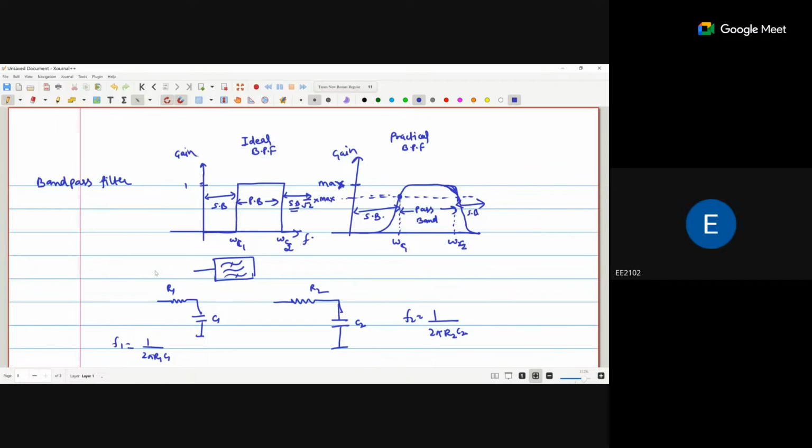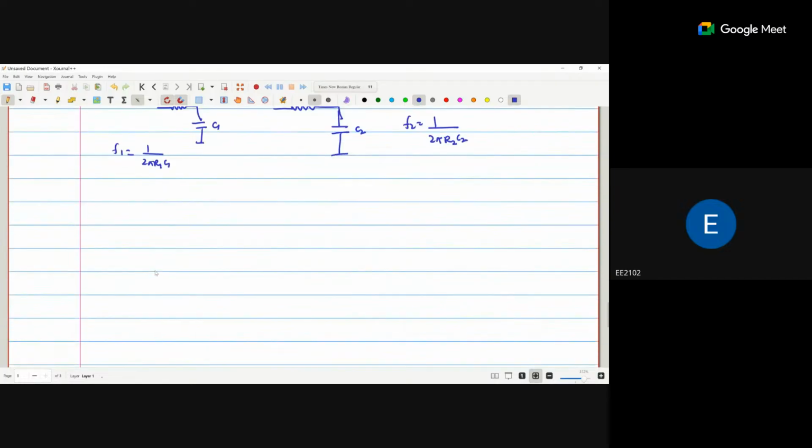So remember that low pass filter and high pass filter are first order filters. We can create second order and third order also, low pass and high pass. It is not essential that only first order is used, but the minimum condition is a first order filter.